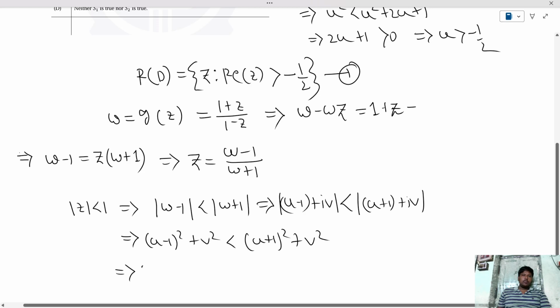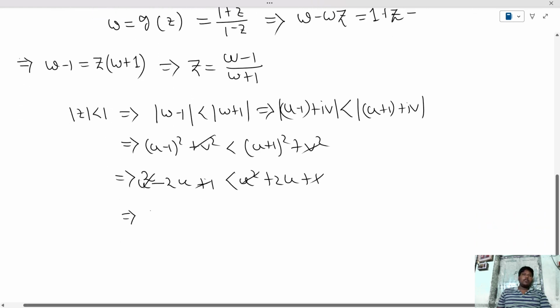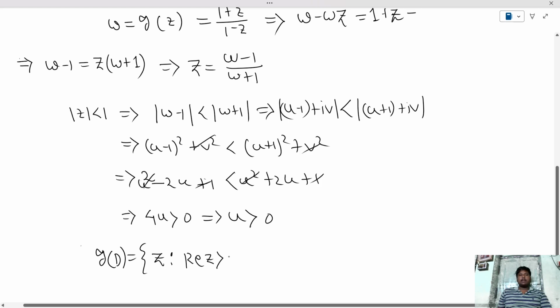This gives u square minus 2u plus 1, v square cancel हो गया, less than u square plus 2u plus 1. यहाँ से 1 और u square भी cancel हो गया, तो हम लोग को क्या मिला? Only 4u greater than 0, which implies u greater than 0. So under the disk mod of z less than 1, we see that g(D) is the set of those complex numbers where real part of z is greater than 0.